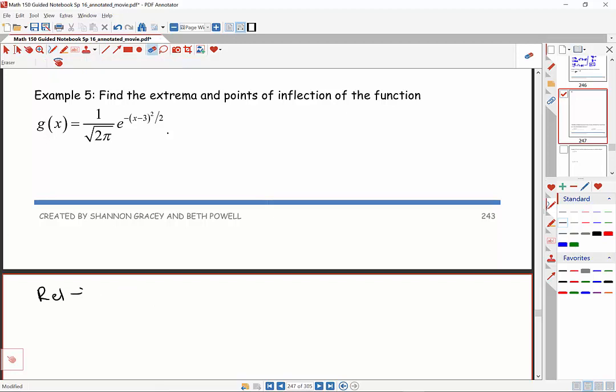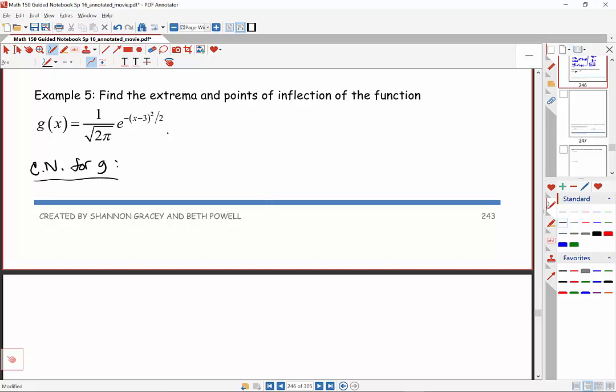Actually, I'm not sure which one I'm going to use, so let's just say we want to find critical numbers for g. So remember, you differentiate and set the derivative equal to 0 to find that.